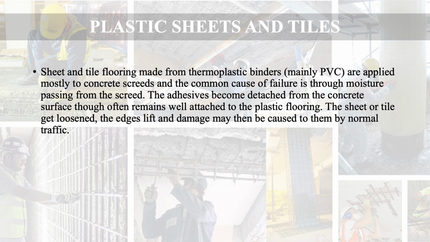The sheet or tile gets loosened, the edges lift, and damage may then be caused to them by normal traffic. Because if there is a lifting or dislocation of the tiles, then if any traffic is passing over that, they will get damaged.